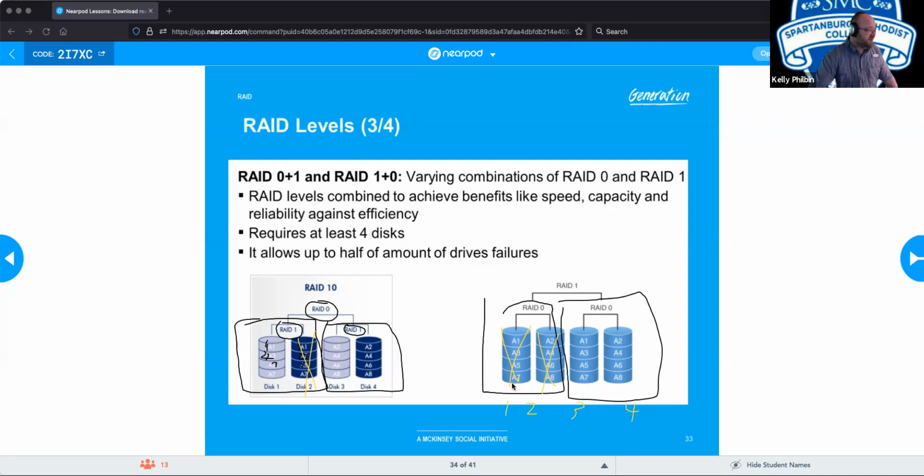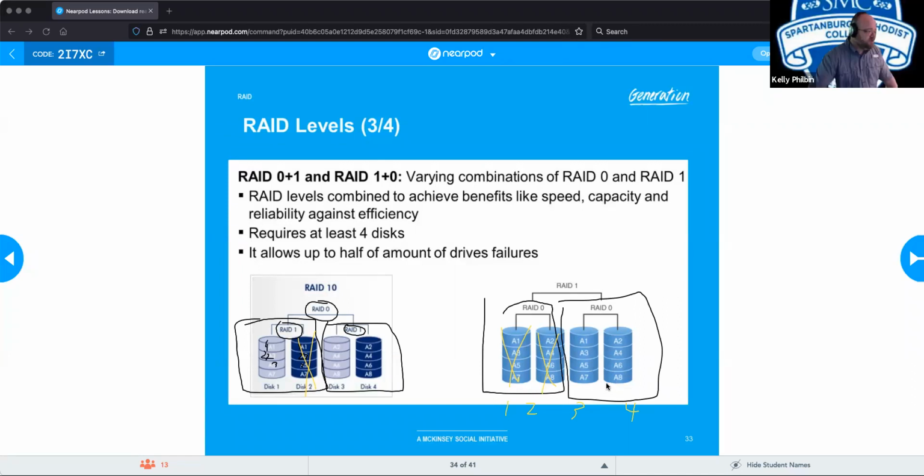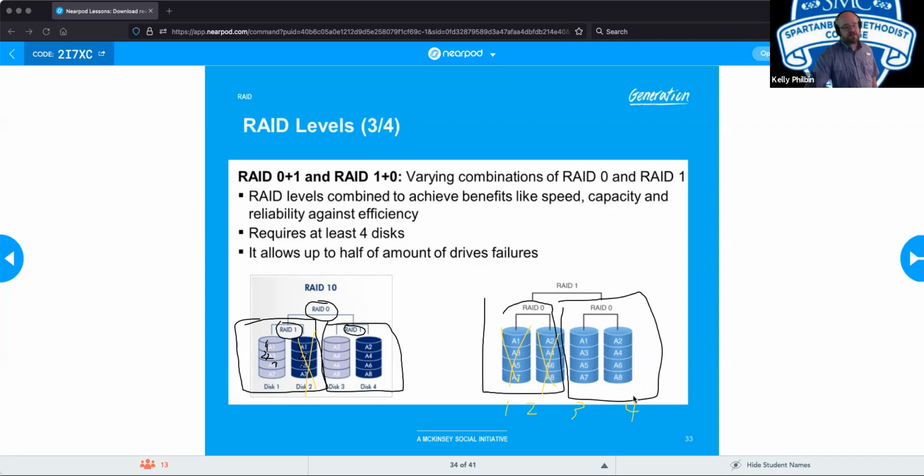If I lost drive 1 and 3, I'm done. Trouble. If I lost drives 2 and 4, I'm done. 2 and 3, still okay. 3 and 4, still okay. So it's just understanding how the data is distributed to better understand where the redundancy lies and why they say specifically up to half.